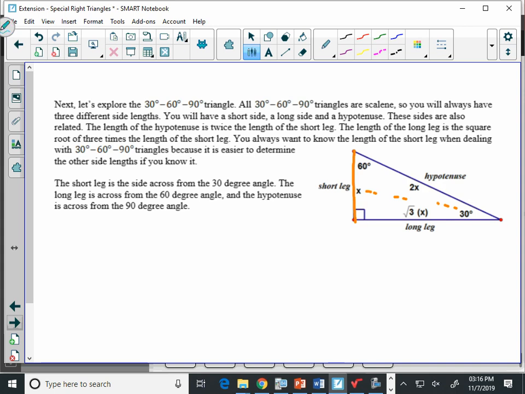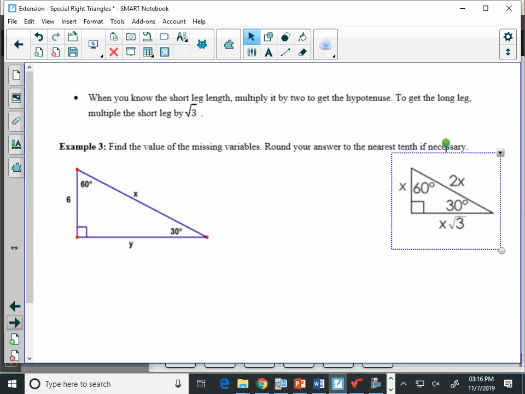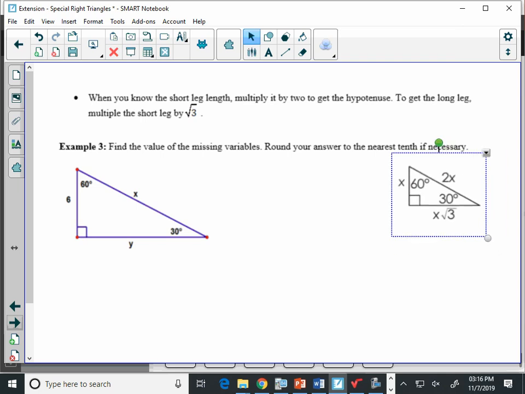The long leg is always the side across from the 60-degree angle. And as we know, the hypotenuse is always the side across from the 90-degree angle. Again, you have this diagram on your reference sheet, so use it to help you.